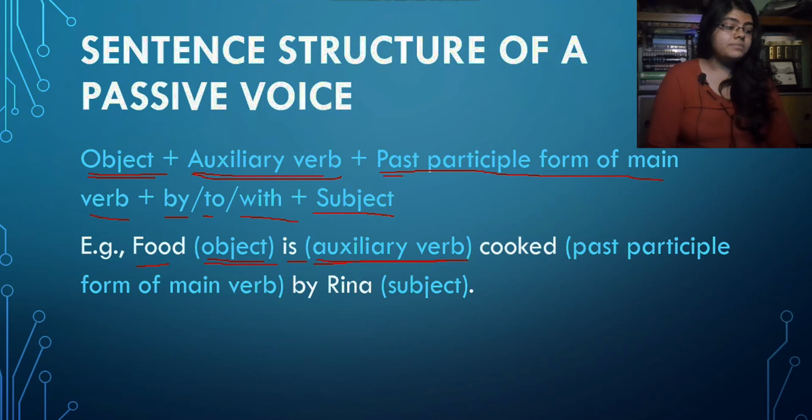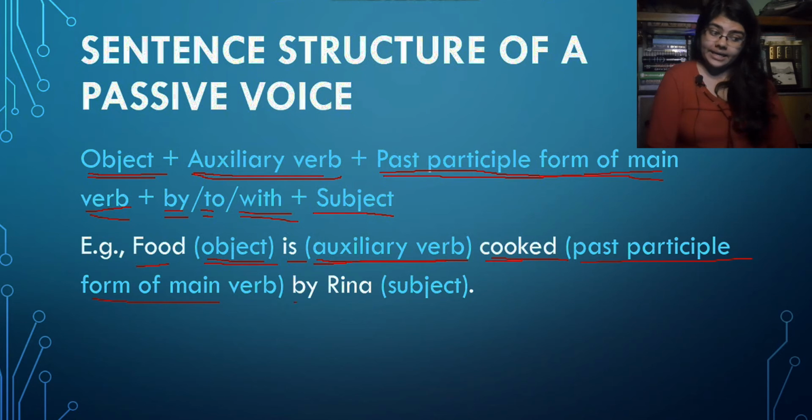Then the past participle form of main verb. The main verb is cook. The past participle form of cook is cooked, right? Past participle form. Lastly, we will add either by or to or with.